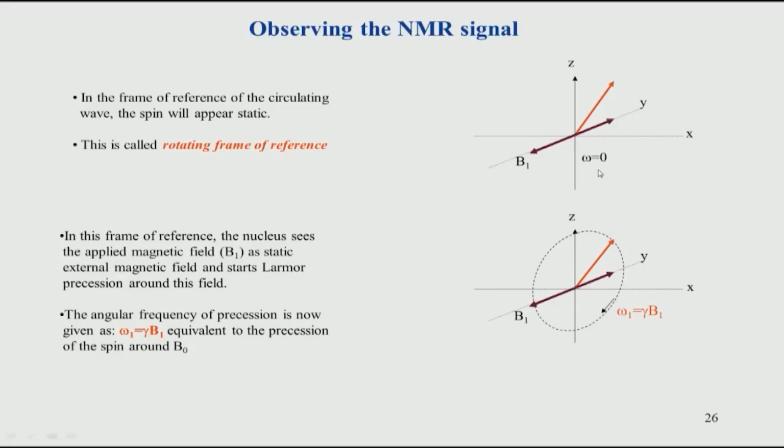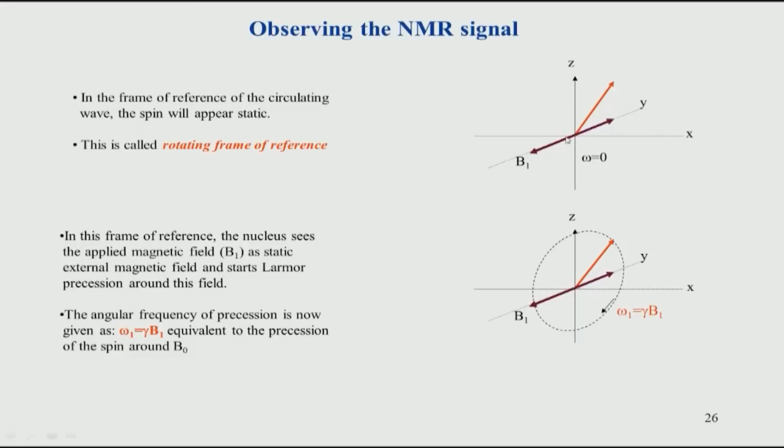Remember, it has not been removed physically, it is still there, but in this frame of reference we have removed it, because omega is now 0. So, we can qualitatively think that B0 has gone to 0, and the only thing that remains is B1. This is also a magnetic field, because as I mentioned in the last slide, the radiation which is applied is the magnetic field component of the electromagnetic radiation.